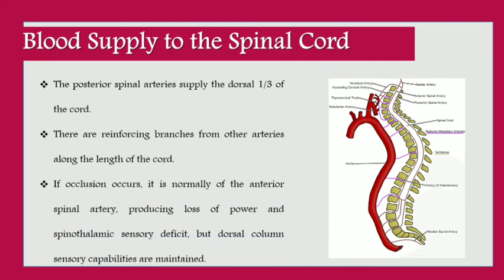The posterior spinal arteries supply the dorsal one-third of the cord. There are reinforcing branches from other arteries along the length of the cord. If occlusion occurs, it is normally of anterior spinal artery, producing loss of power and spinothalamic sensory deficit, but dorsal column sensory capabilities are maintained.